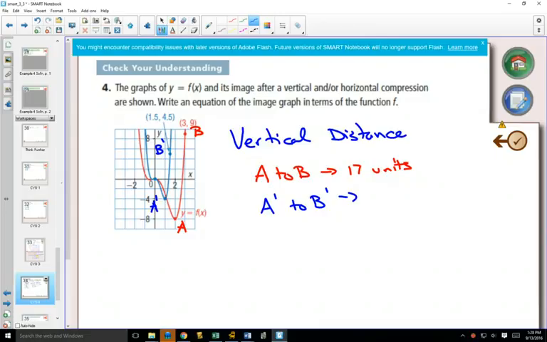From -4 to 4.5, 8.5. What's changed? Can you see that it's been cut in half when going from the original to the new one? So in order to do that, your y values would have had to have been multiplied by half.